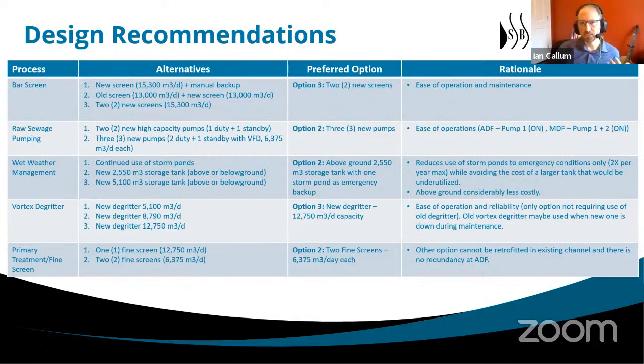And for each of these, we did a weighted analysis that I'll explain a little bit later, but this is just meant as a high-level summary of all the alternatives that we looked at, the preferred alternative that we came up with, and a bit of the rationale at a high level of why that option was selected over the other ones.